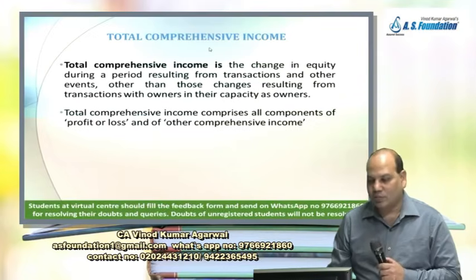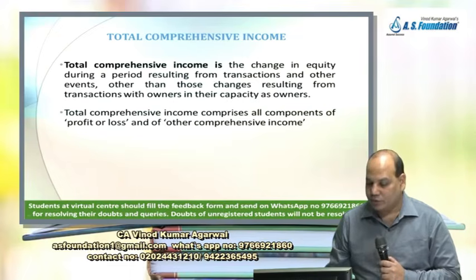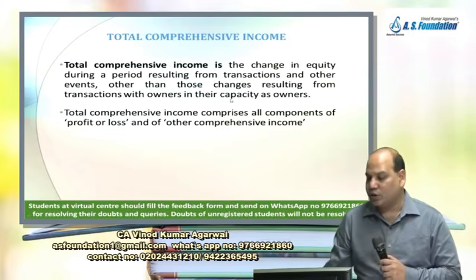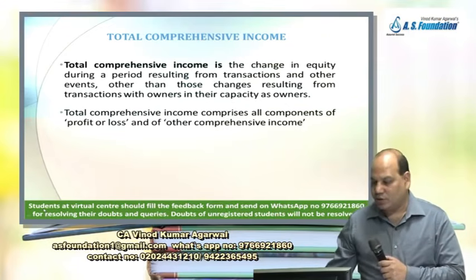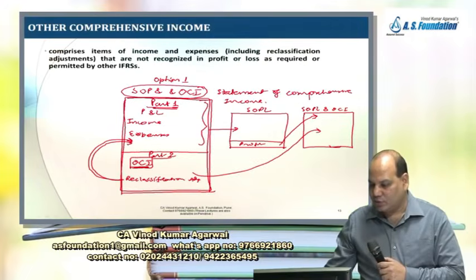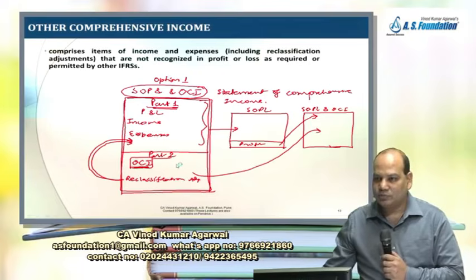Next is total comprehensive income. Total comprehensive income is the change in the equity during a period resulting from transactions and other events other than those changes resulting from transaction with owners in their capacity as owners. So it's basically, you can say, total comprehensive income is the total of part 1 and part 2.